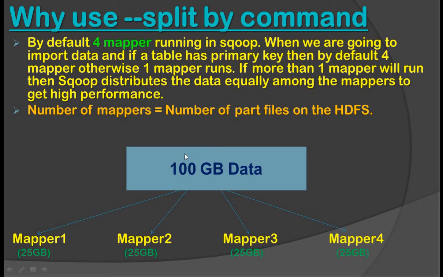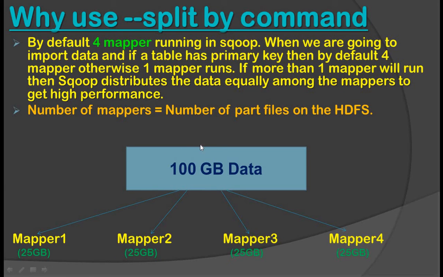As we are seeing in this diagram, here is 100 GB of data, and when Sqoop transfers this 100 GB of data, it divides it among these four mappers, and each mapper will process 25 GB of data. So how does it divide 25 GB of data to each mapper?